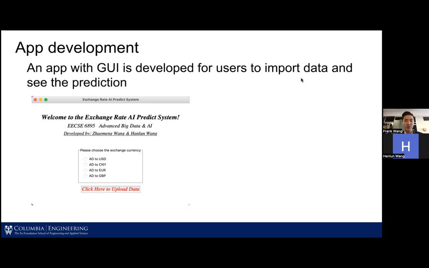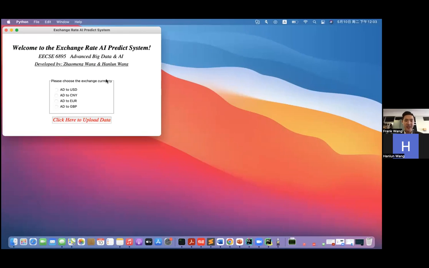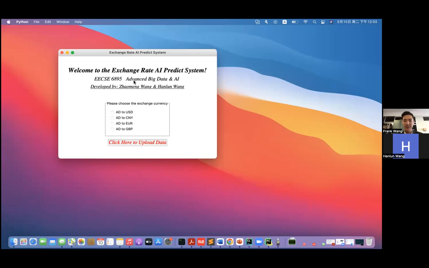I want to show you our application. Here you can see the graphical user interface of our application, where you can select the type of prediction you want to do.